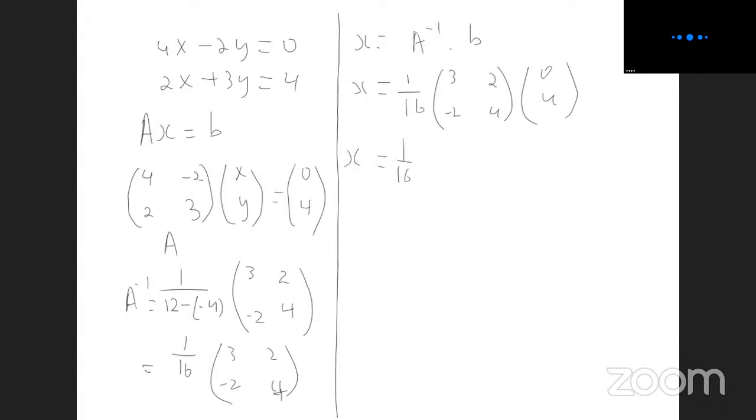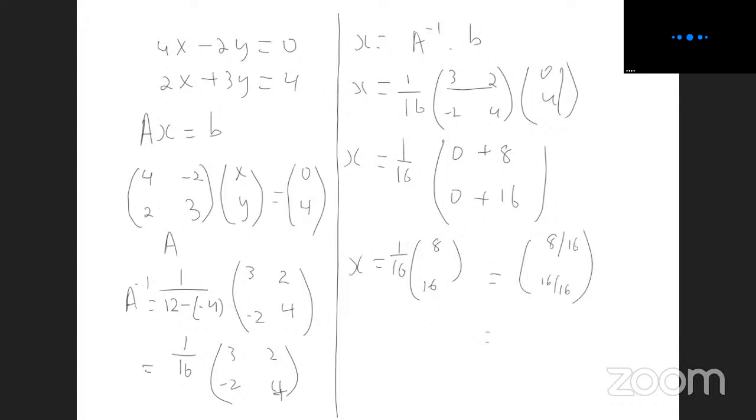So that's 3 by 0, which is 0. 2 by 4 is 8. Minus 2 by 0 is 0. 4 by 4 is 16. So we get 8 and 16, so you'll get 8 over 16, 16 over 16. So the answer is a half and 1.